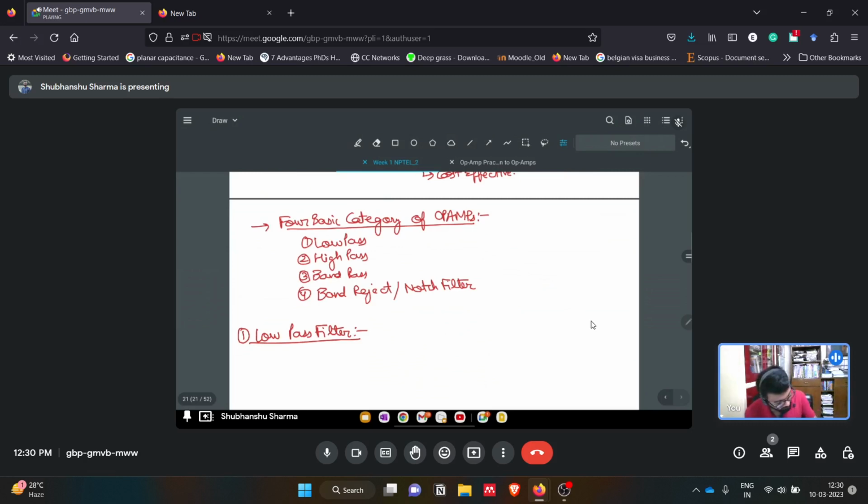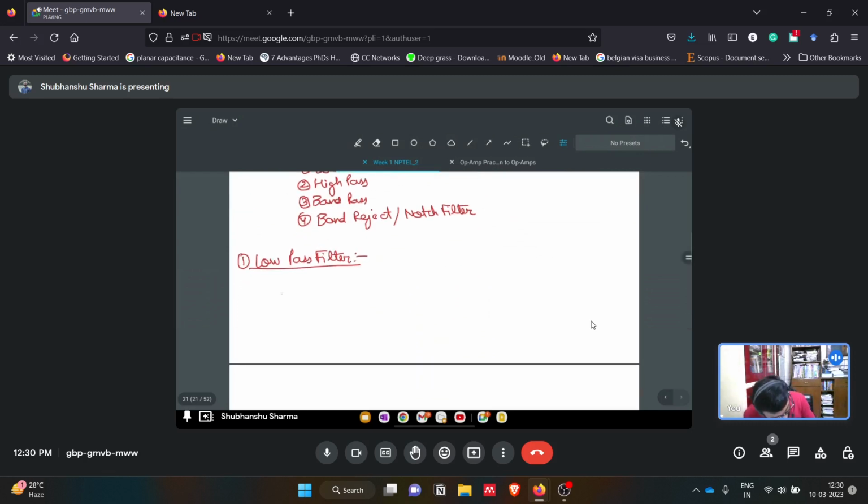If we talk about the response of this low pass filter, we will get it like this. Here this is 0 dB, and this is the cutoff frequency of this filter.